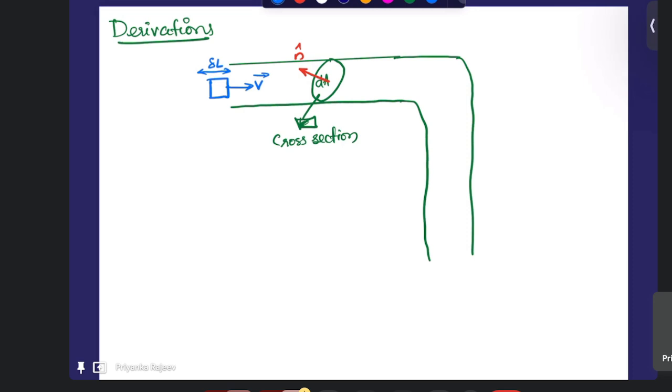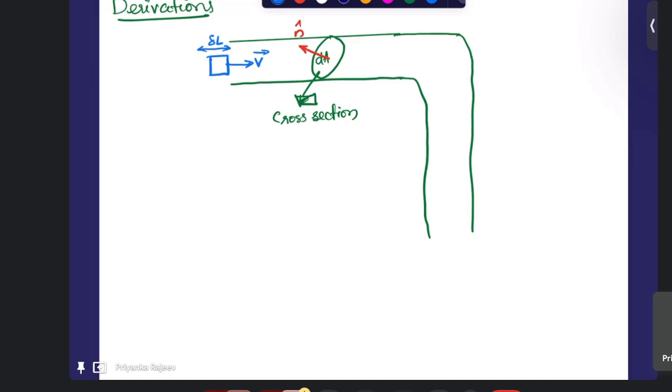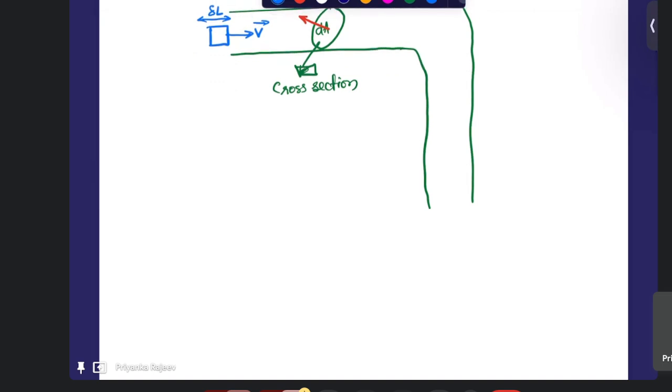Now, how do we understand how this flow element is crossing this cross section? For that, we assume this is the plane of that cross section dA, and then you have this velocity vector v over here, and this plane has a normal n.